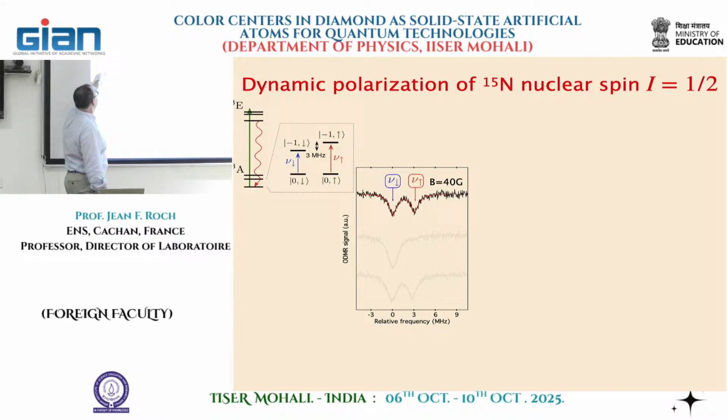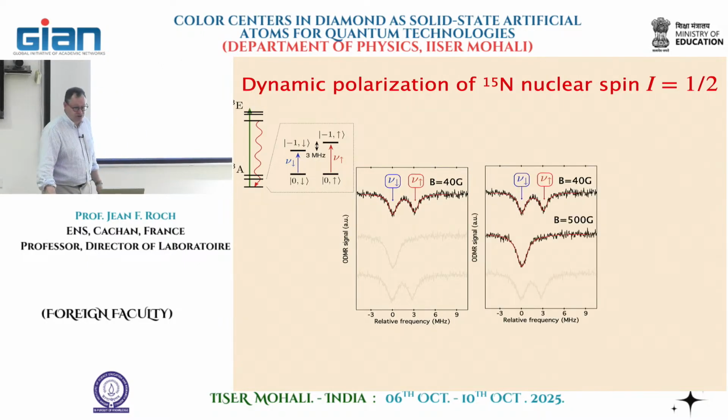We have here these two transitions, separated by this detuning of 3 megahertz, taking into account the different situations. So we have now the two components here, and when I scan, this is just the hyperfine splitting between an NV and a nitrogen-15 of nuclear spin 1/2.